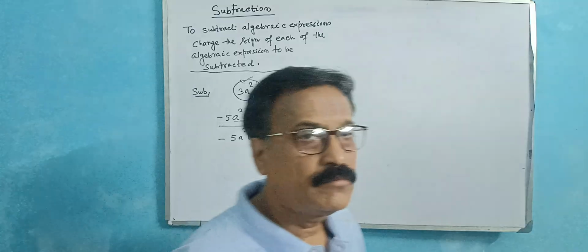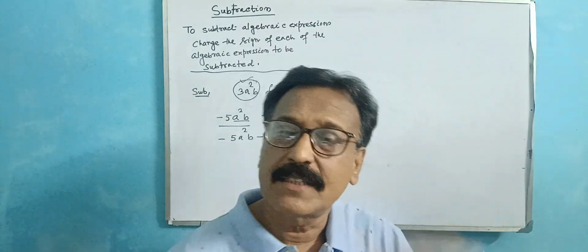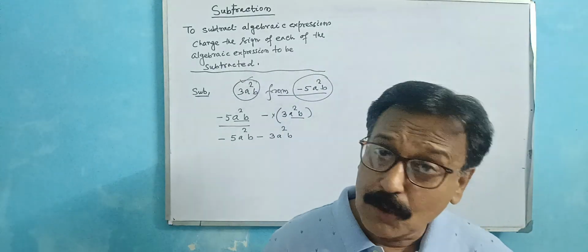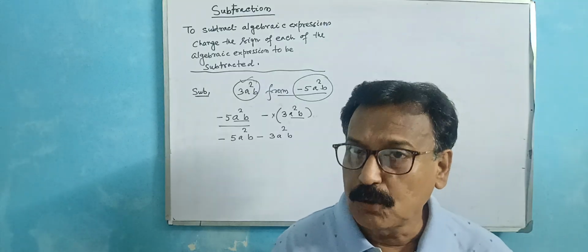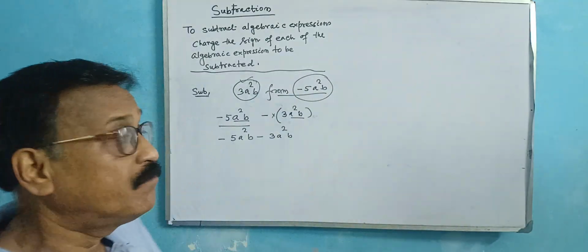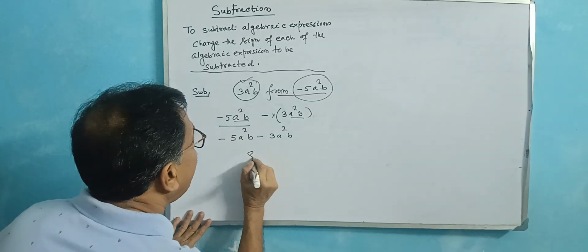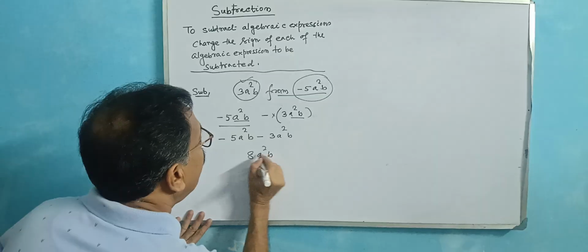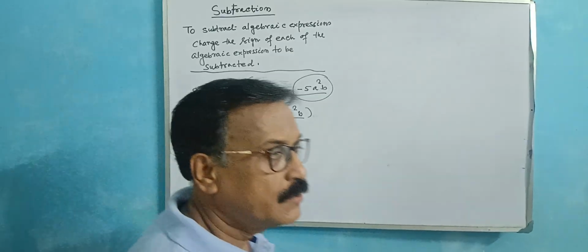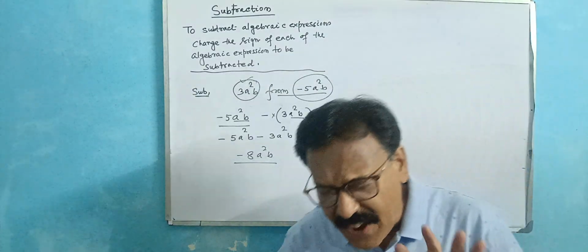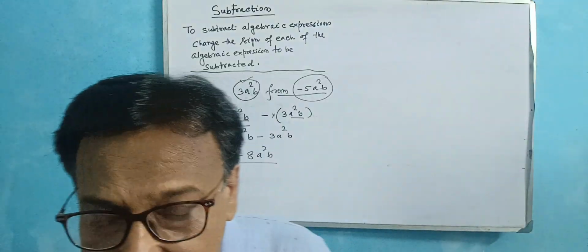Is it clear? Okay, subtraction is completed. Now the rule is to simplify. Same sign, addition. Here is 5, here is 3, so 8a square b, and the sign is minus.